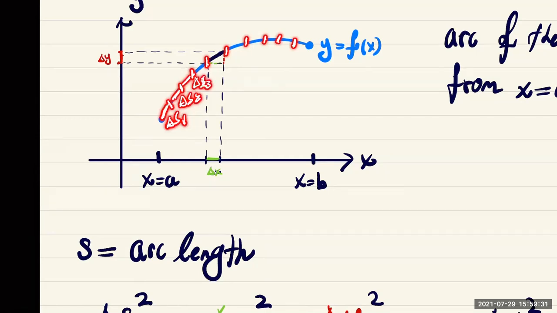If you want to find the length of the whole thing, you add those up. We do a Riemann sum. And if you want to get the exact arc length, you take the number of these partitions to infinity.